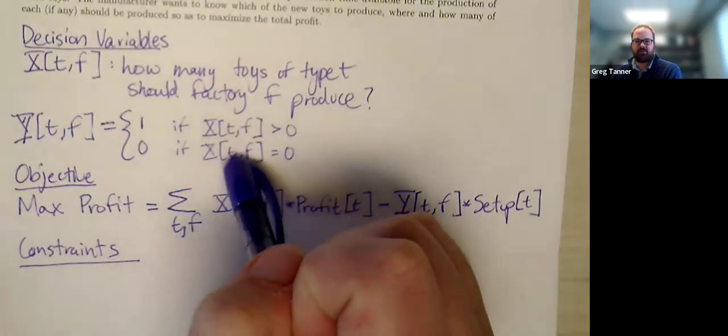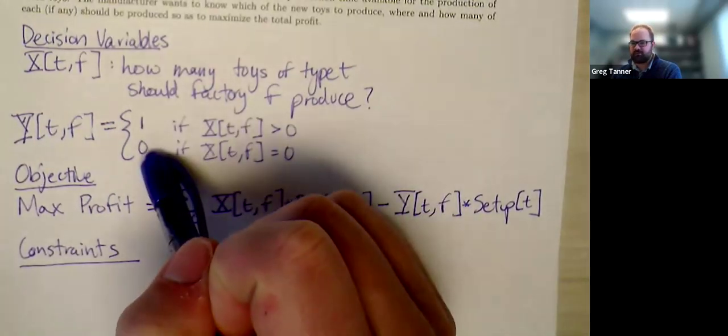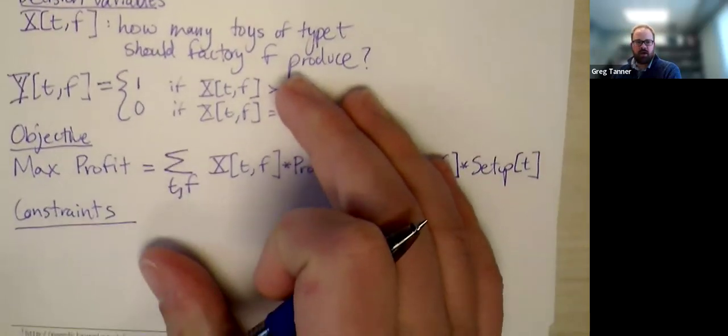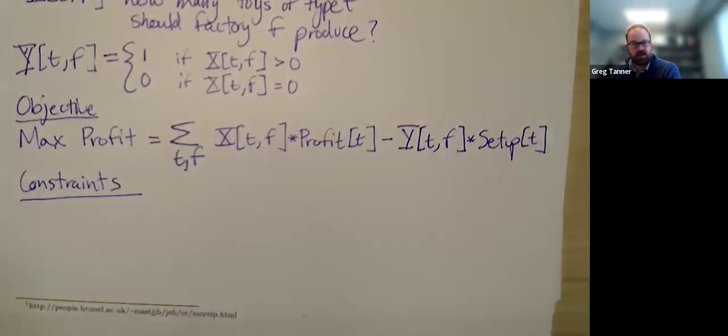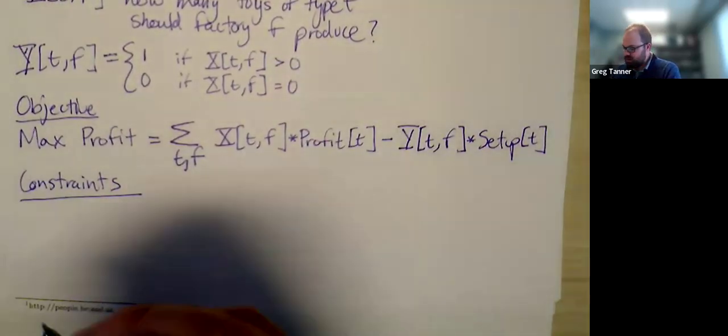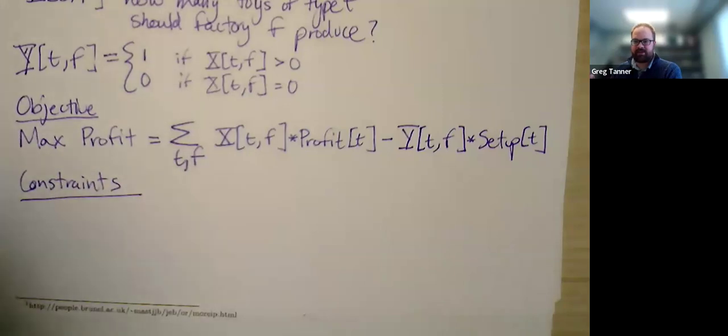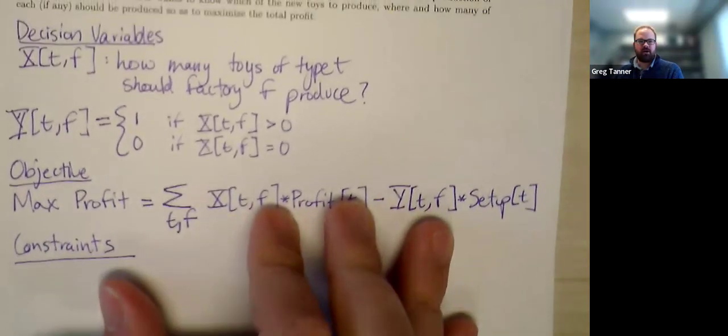And we want X to be forced to be 0 if Y is 0. So the way we do that typically is we'd have X is less than some big M times Y. In practice, you always want to figure out what that big M should be in the context of your problem. And you can always substitute in anything that would be a reasonable upper bound on the value of X.